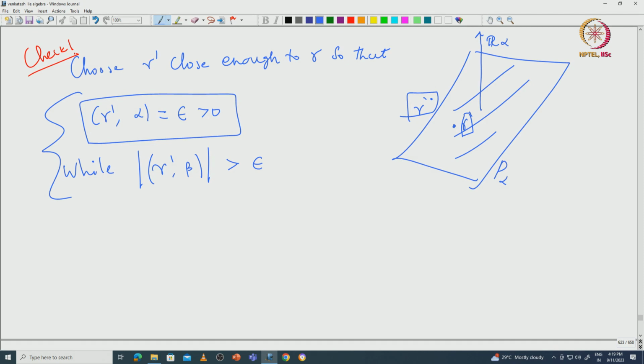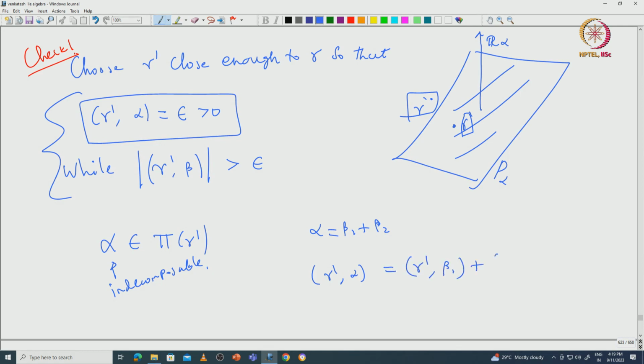Then evidently you can see that this alpha must lie inside pi of gamma dash, because alpha must be indecomposable. Because if it is written as a sum beta 1 plus beta 2, then gamma dash of alpha will be exactly equal to gamma dash comma beta 1 plus gamma dash comma beta 2.